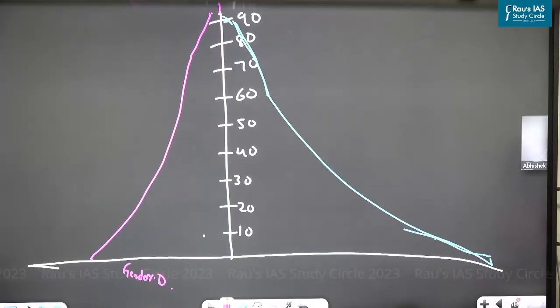Because of increased urbanization, point B, the cost of raising the children also increases.